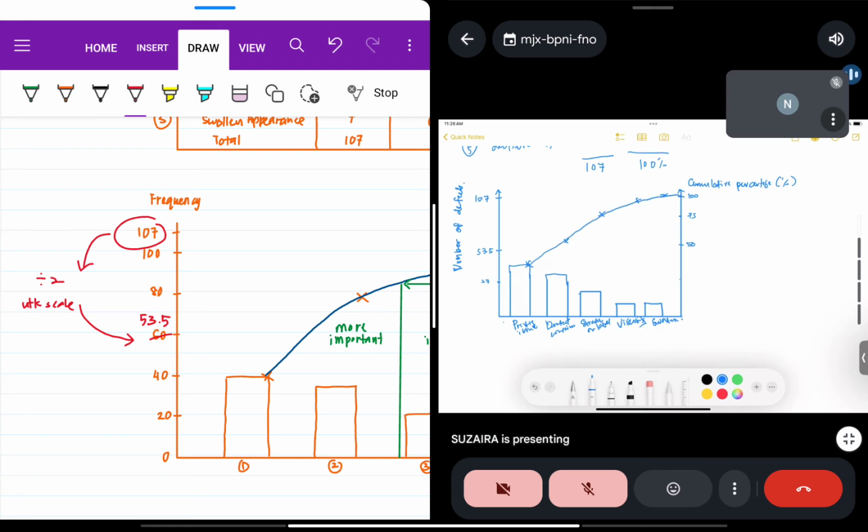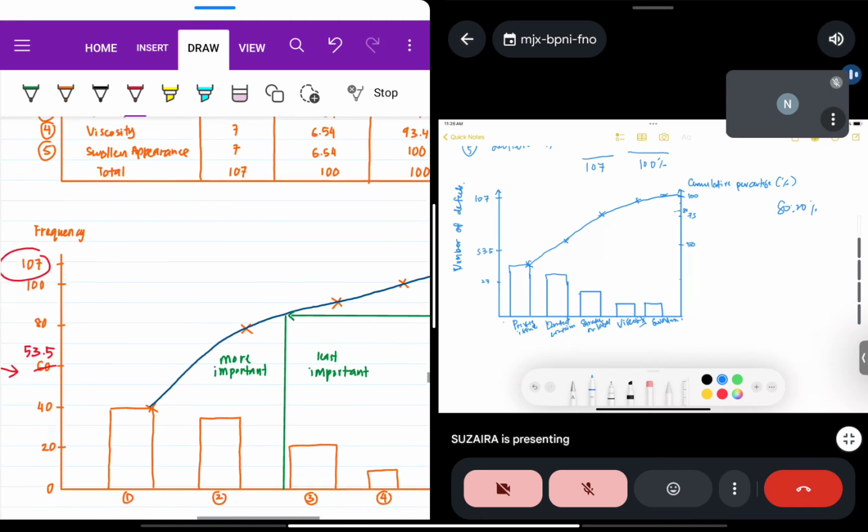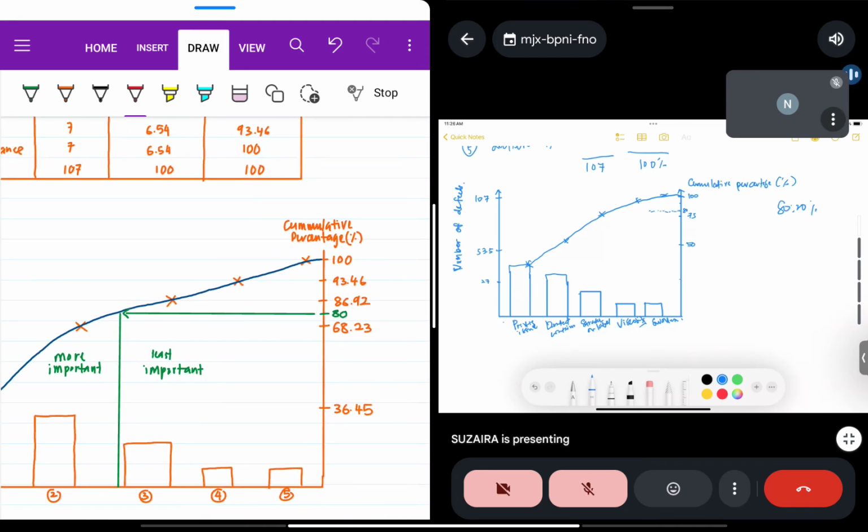Alright. And the next one, what you need to do? Once you already have this one, what else you need to do? 80, 20%, yeah? So just drag this one, probably it depends on here. Here is 80, more or less. So it depends on your, what is it called, graph.